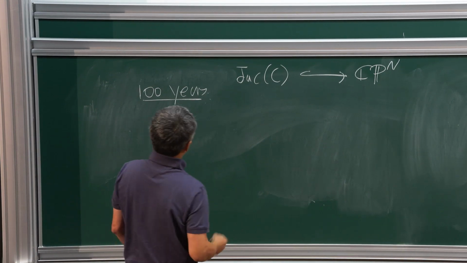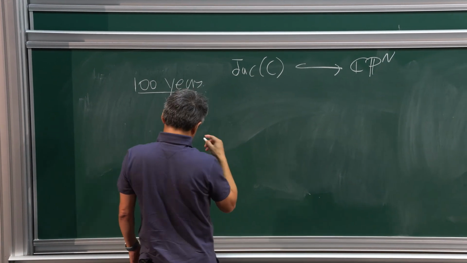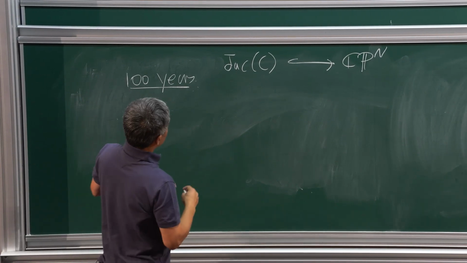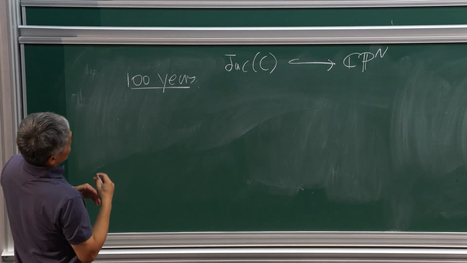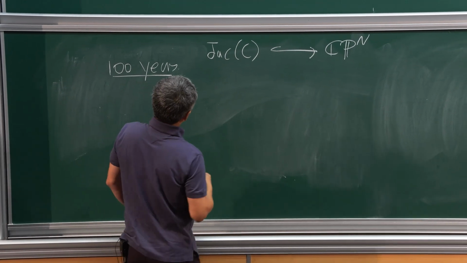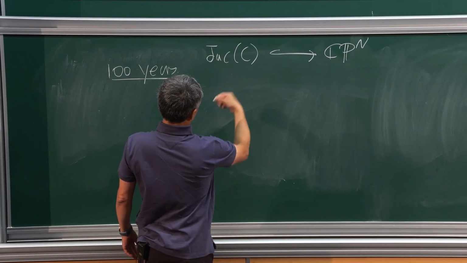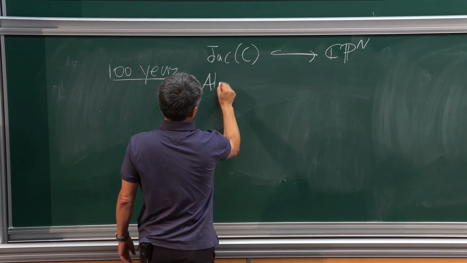This is at least by Riemann. 100 years later, Poincare initiated the study of the arithmetic of curves. Maybe 20 or 30 years later, the whole theory was completely algebraized.